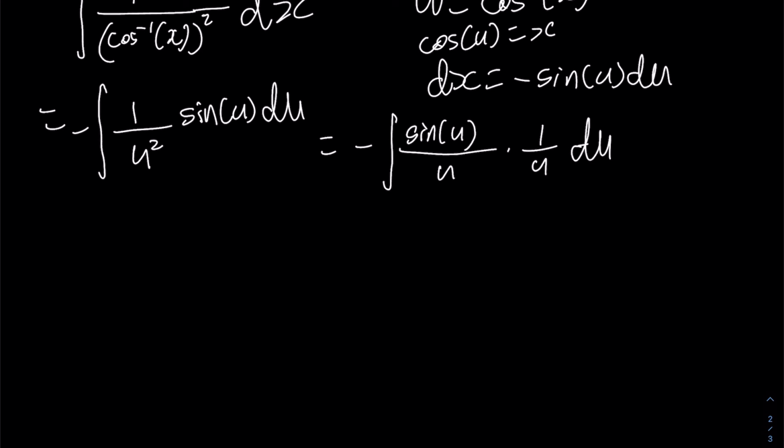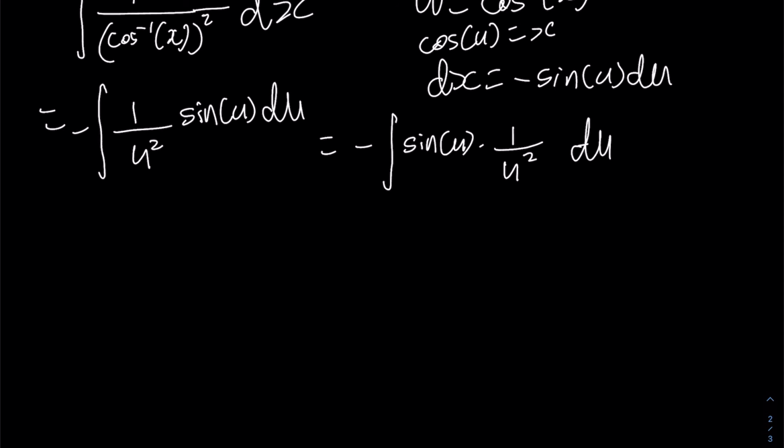But wait a second, that does not actually help us much because that's going to lead to a natural log. So what we'll actually do is separate this and say that this is the sine of u times 1 over u squared. That will, of course, evaluate to the same thing.